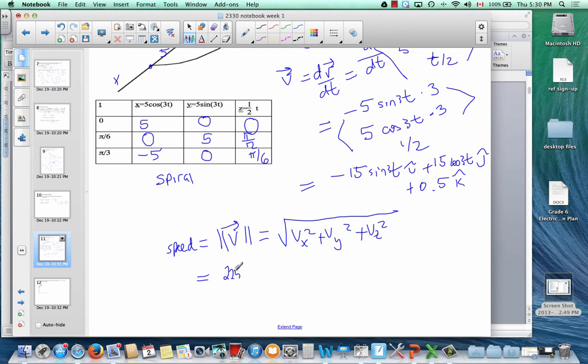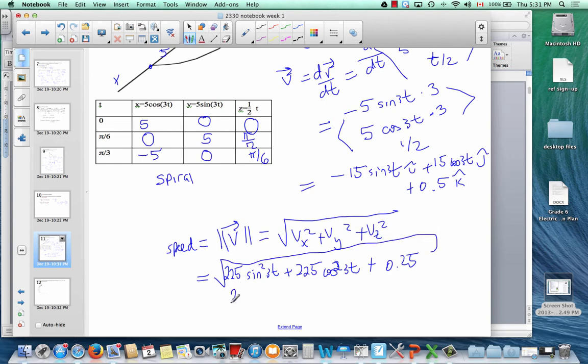15 squared is 225. That's from the x velocity. The y velocity is going to be 15 squared cos squared. And then when we square the z, it's the square of a half. That's just a quarter. And then, of course, we still have to root all of this.